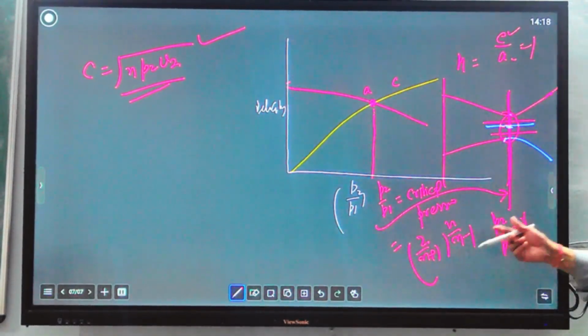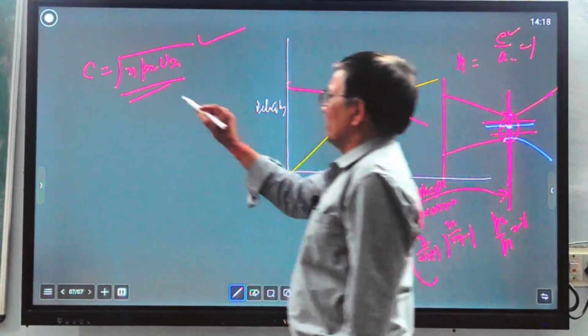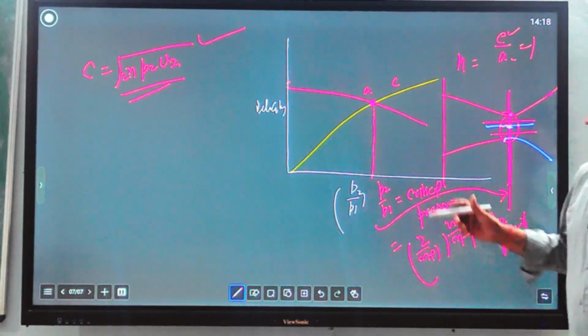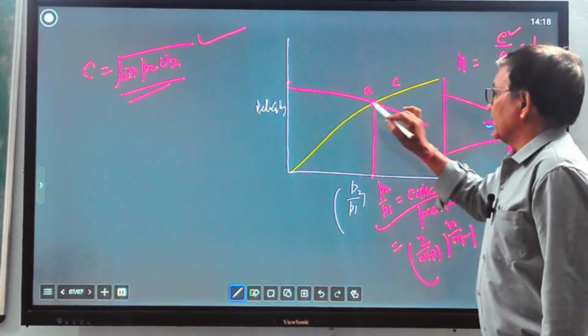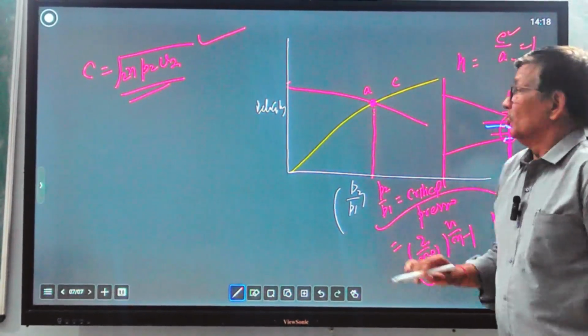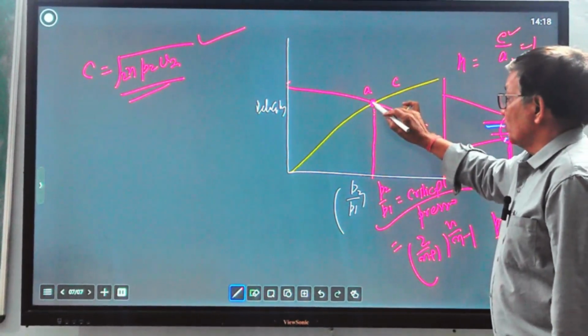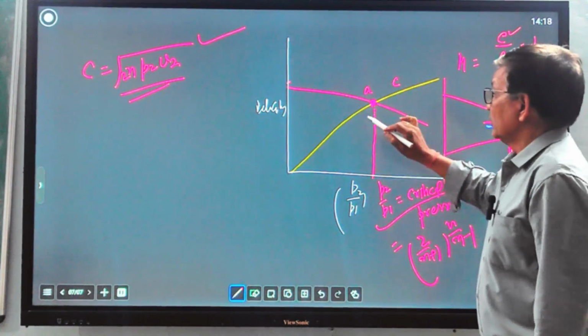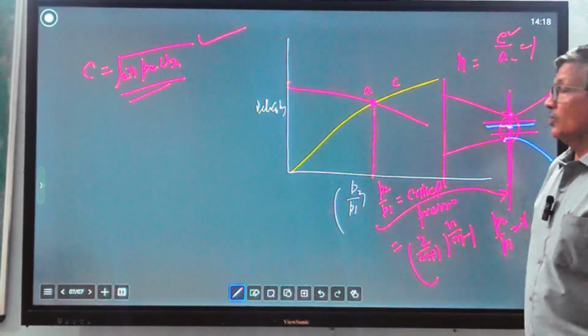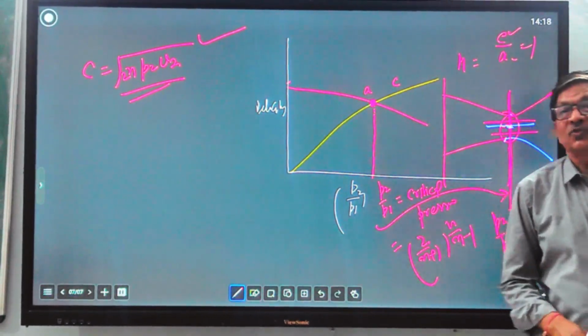In my equation derivation, there was a 2 coming here, so I will clarify why there is some mistake. But one thing is clear: at sonic condition, at maximum mass flow rate, the velocity of steam will become the velocity of the sound, and the Mach number will become 1. This condition is known as the choked condition.